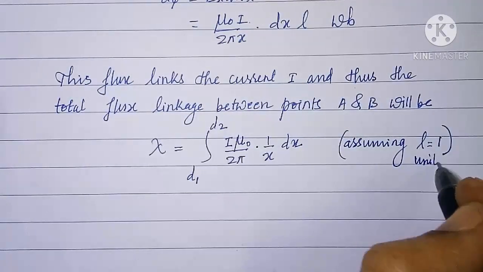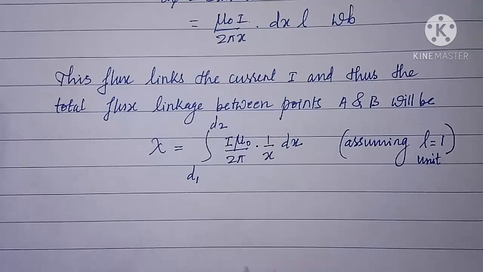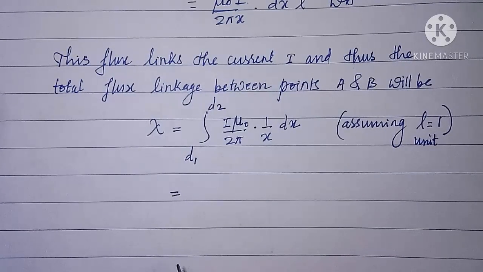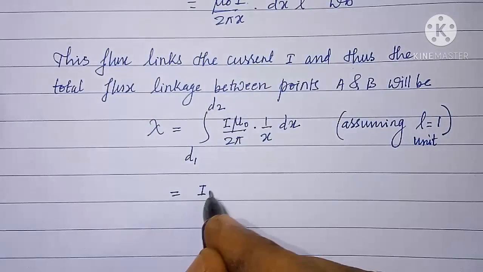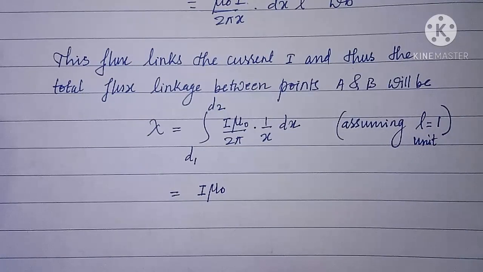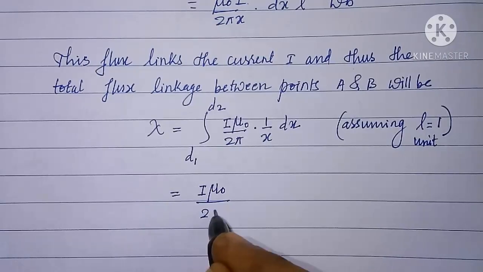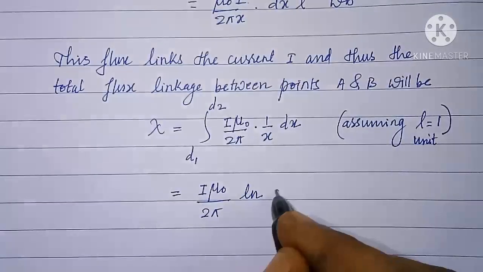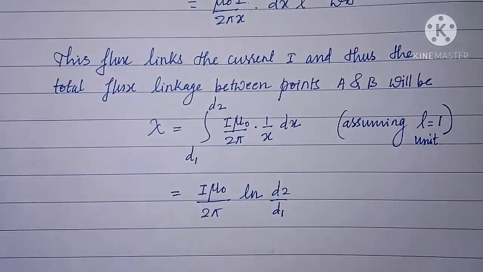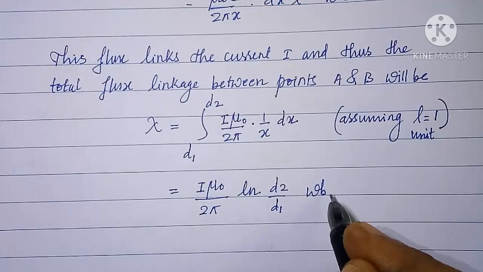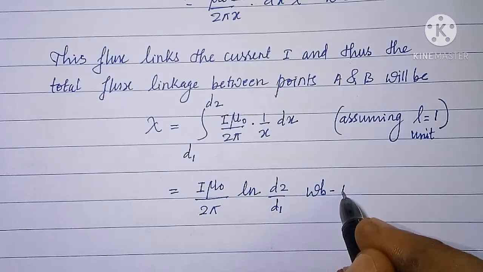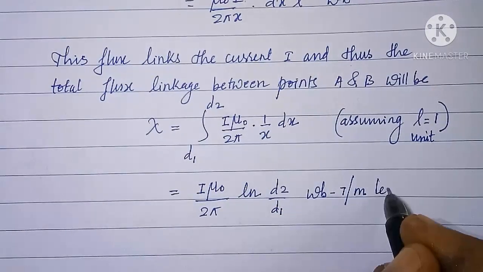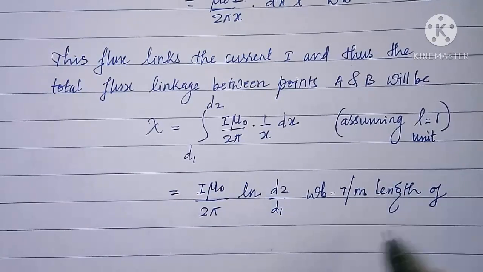You can write here unit also. Integrating and simplifying, we get I μ0 upon 2π ln of d2 by d1 Weber turn per meter length of conductor.